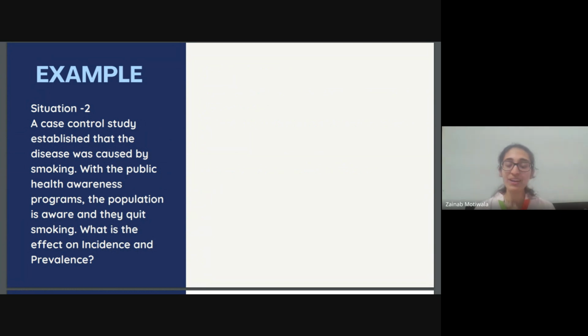Great. Now let's talk about the second situation. A case control study established that the disease was caused by smoking. Therefore, a lot of public health awareness programs were run and the population was made aware about this, and some of them quit smoking. How does this affect the incidence and prevalence of endometrial carcinoma, in your opinion?